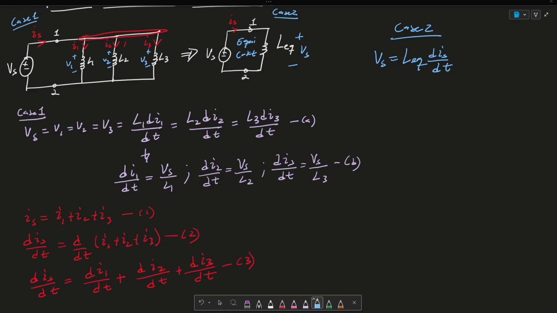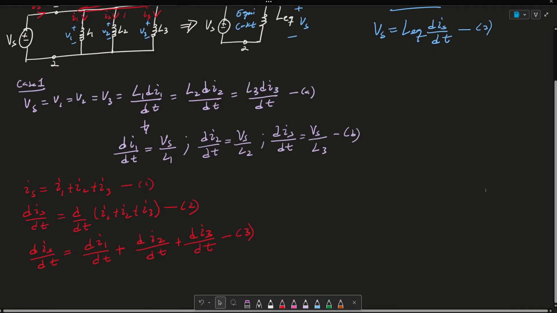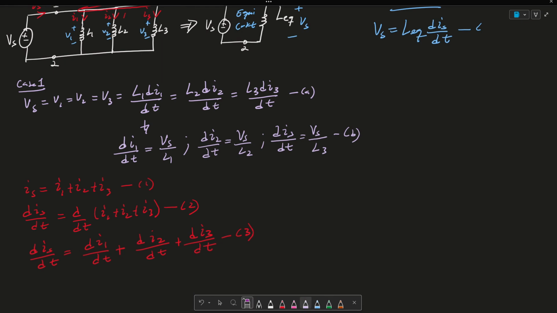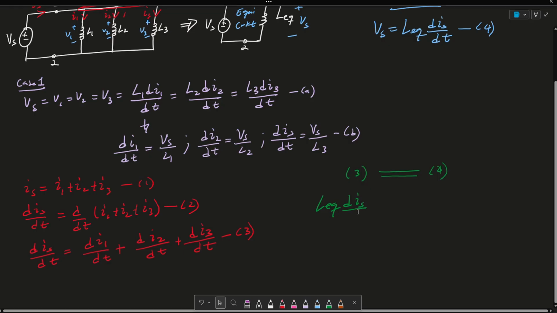So now what can I say? I can say that if this is equation 3, to achieve equivalency between these two circuits, we need to equate, let me call this 4, we need to equate equation 3 and 4.